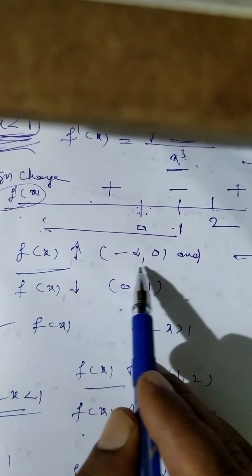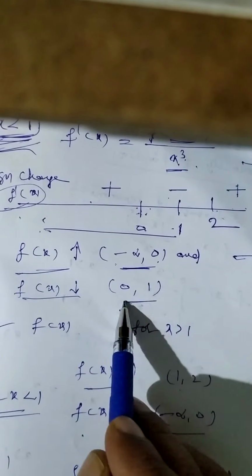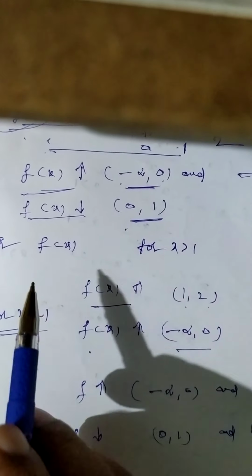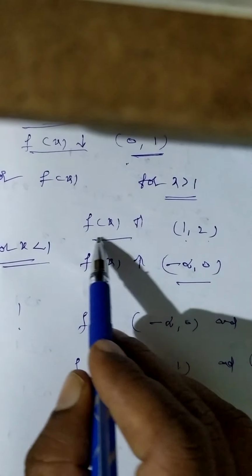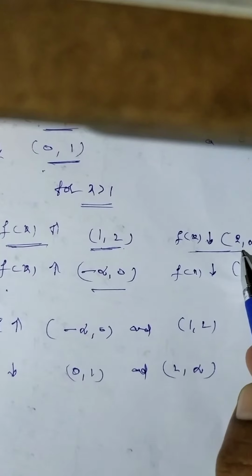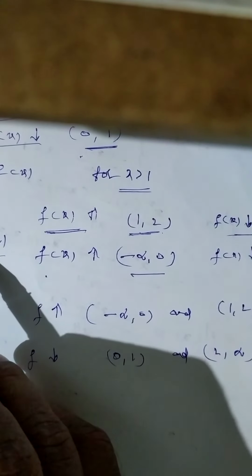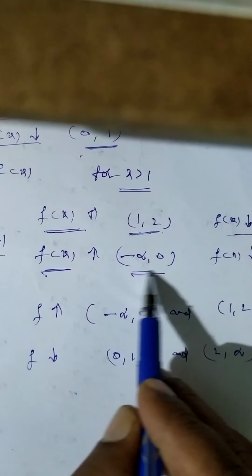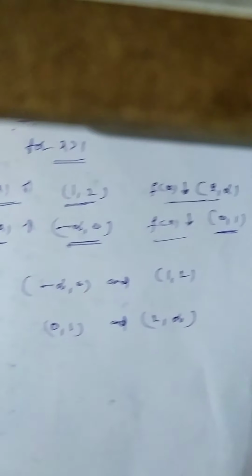Therefore f of x is increasing in the interval minus infinity to 0 and decreasing in the interval 0 to 1. For x greater than 1, as found before, f of x is increasing in the interval 1 to 2 and decreasing in the interval 2 to infinity.